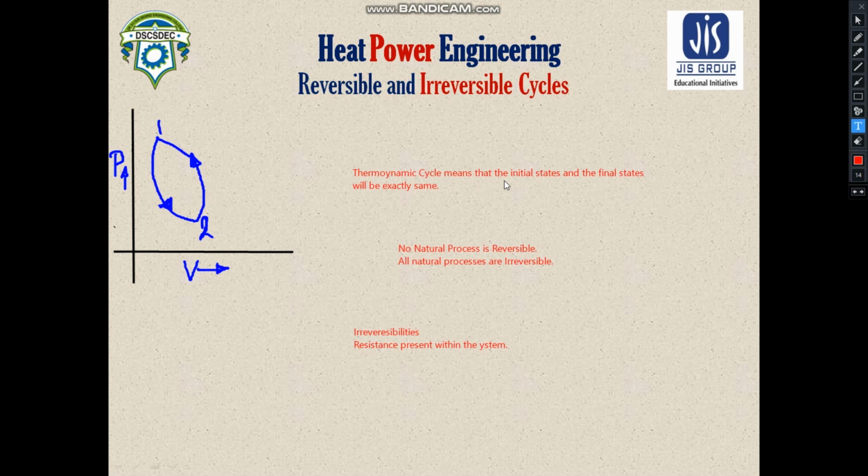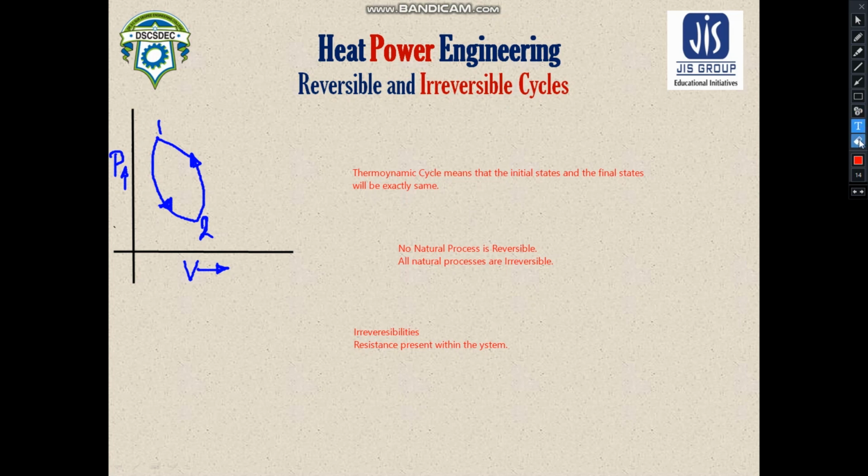When electricity is flowing, you will find the concept of resistance is always present. So in all natural systems, all systems where some quantity is flowing, there is a quantity called resistance, which is always acting in the direction opposite to the direction of flow. So these resistances create these irreversibilities.